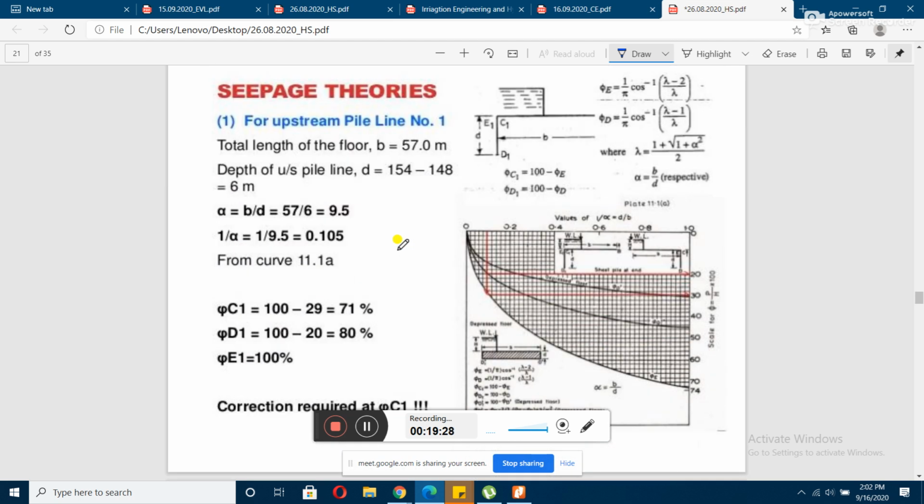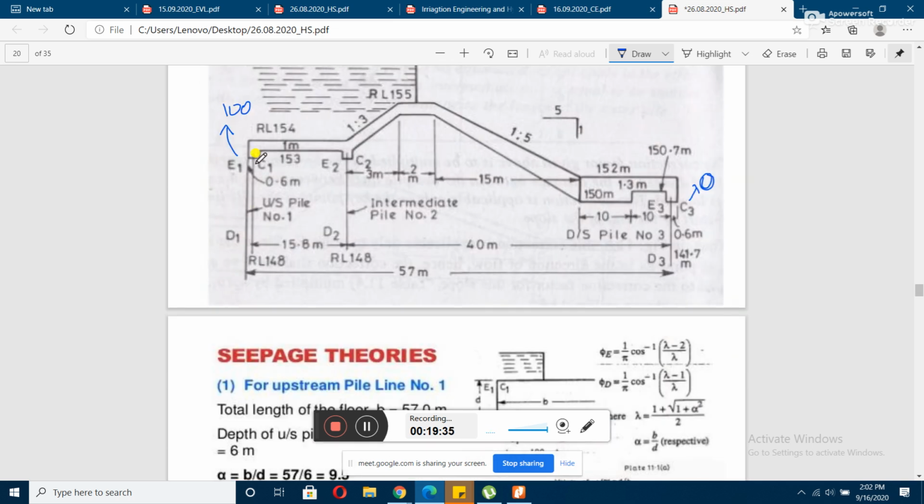Now look at this problem. Firstly we are considering the upstream pile line number 1, so we are considering this pile. What is the depth of the pile? For the simple structure, as I told you and am repeating, we consider the top fiber of the floor as the floor only, like a sheet floor, with no thickness.